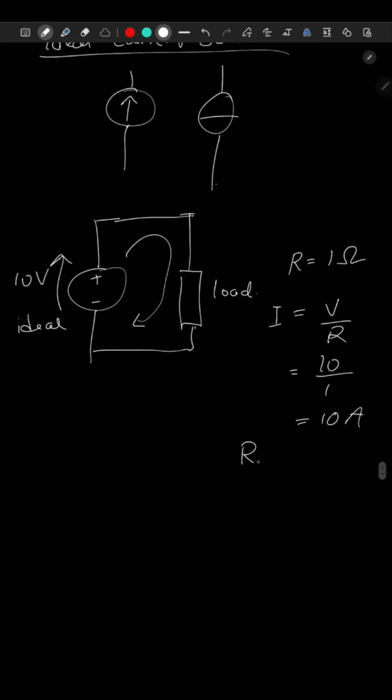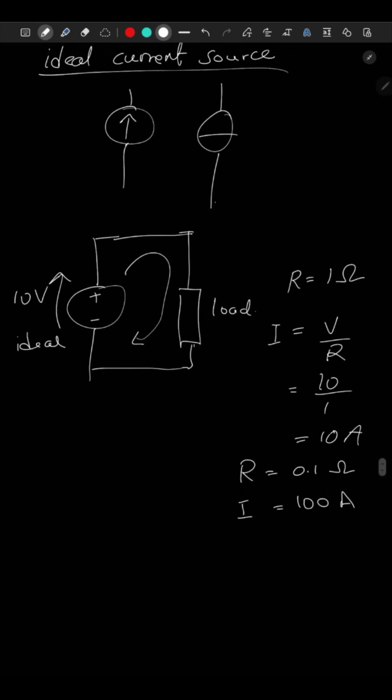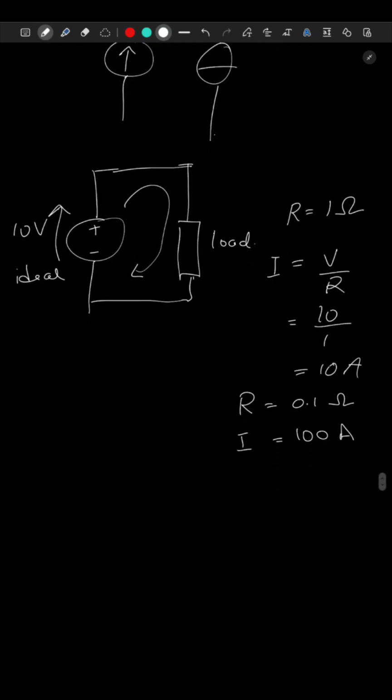What if we reduced the resistance? If we reduce the resistance, we will get a bigger current, and the I would be 10 times larger, which is 100 amperes. If we reduce the resistance, we get a bigger current.